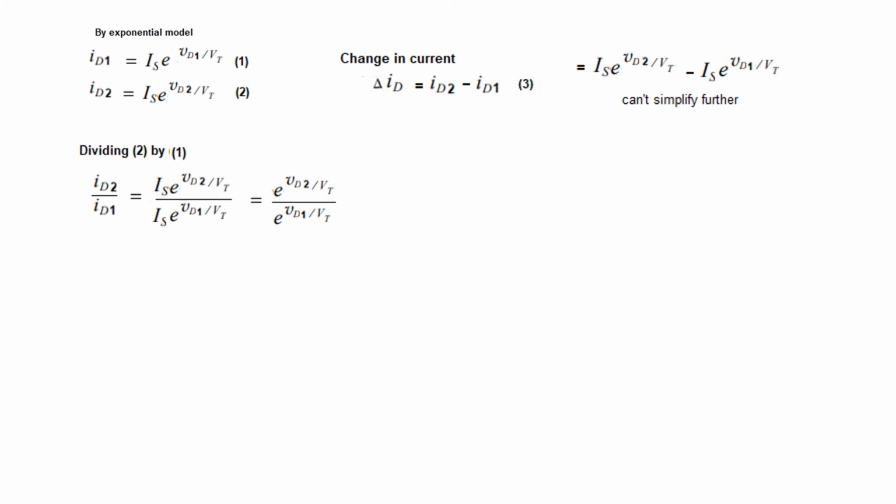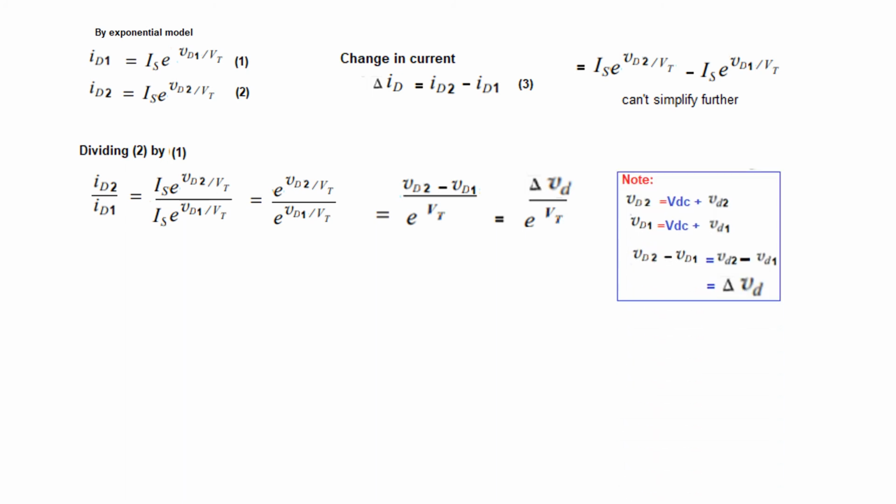So this we come here, is cancelled, and this can be written as e raised to the power Vd2 minus Vd1 over Vt. This goes up and gets subtracted, and this is delta Vd over Vt.